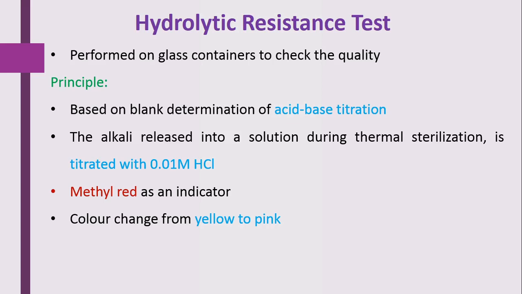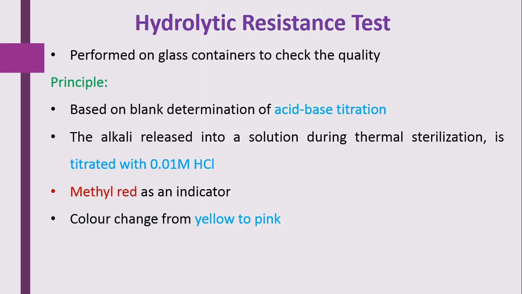At the time of addition, only 0.15 ml of that indicator is added. After addition it will give a yellow color. Then the titration is done. At the time of neutralization of that acid base, it shows a pink color.